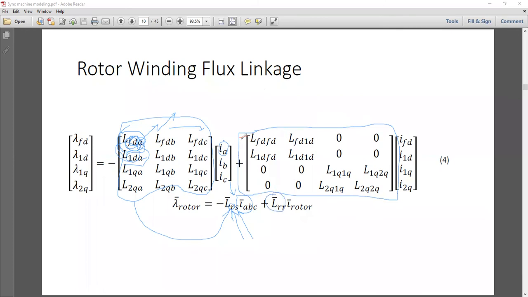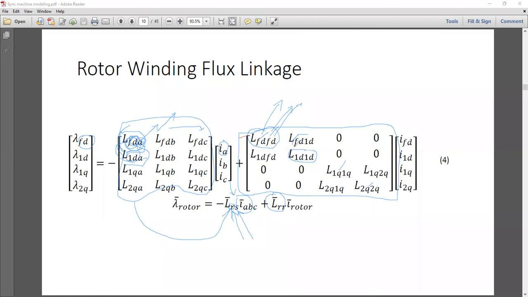Rotor to rotor relationships. So LFD, FD means it is the self inductance of this field coil. 1D is the self inductance of the damper coil in the D axis. Similarly, 1Q and 2Q.